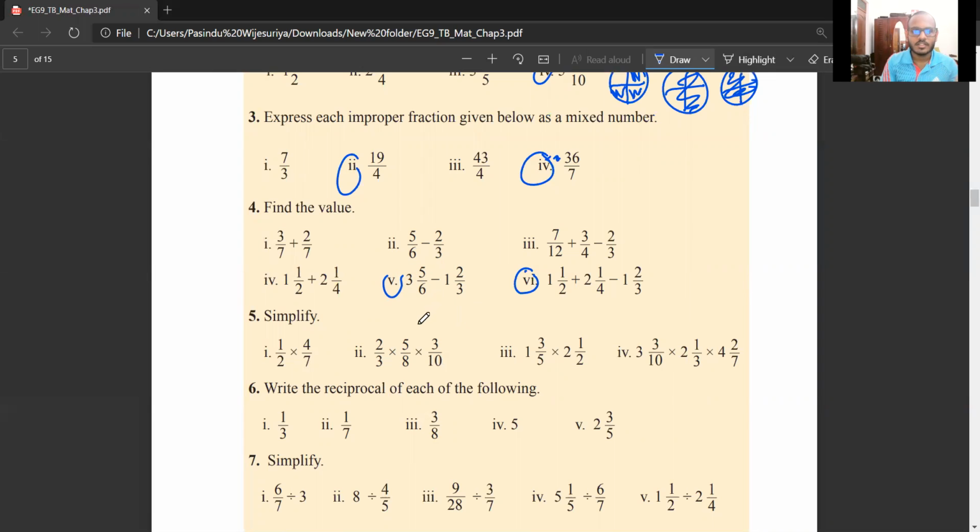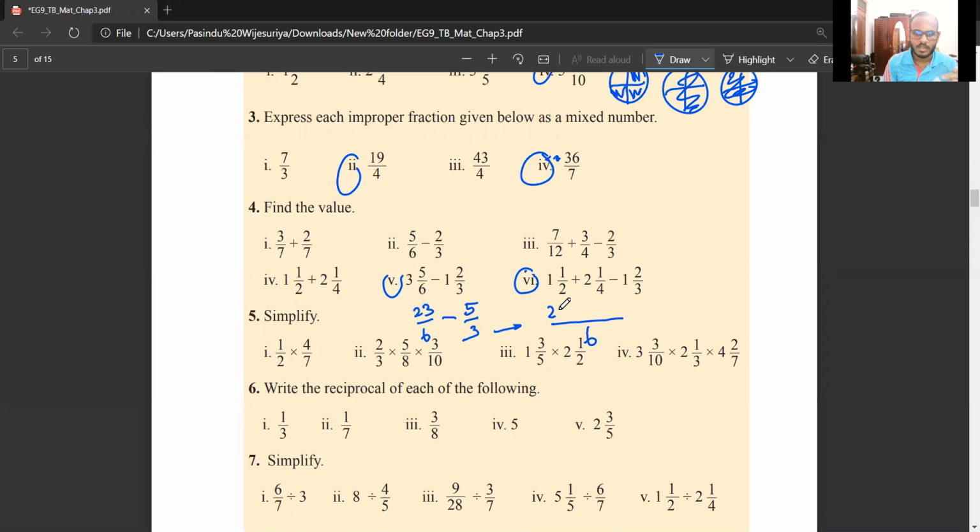So here, when you write this as an improper fraction, 3 into 6 is 18. 18 plus 5 is 23. Minus 1 into 3 is 3 plus 2 is 5 over 3. This is the first step. Going on to the second step, check if you can make it to common denominators. Find the common denominator, 6, because 6 is a multiple of 3.